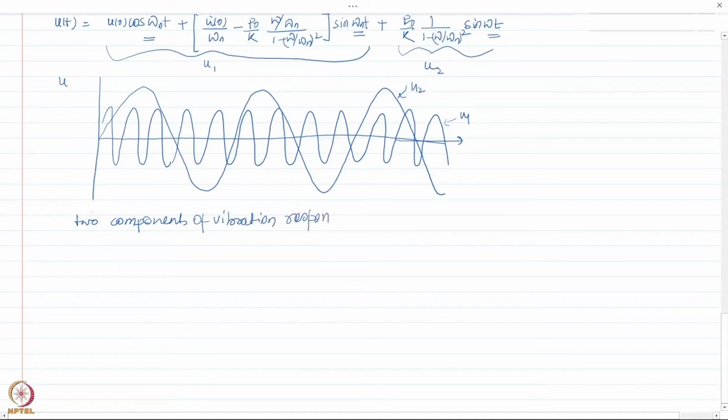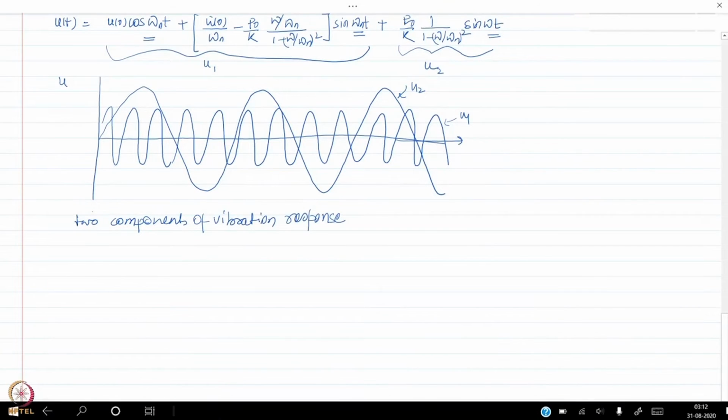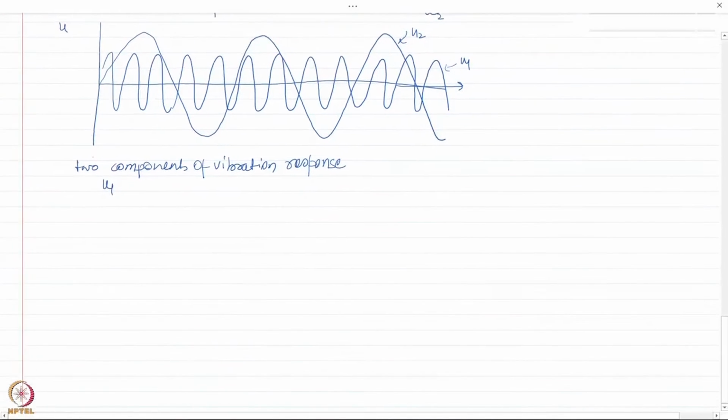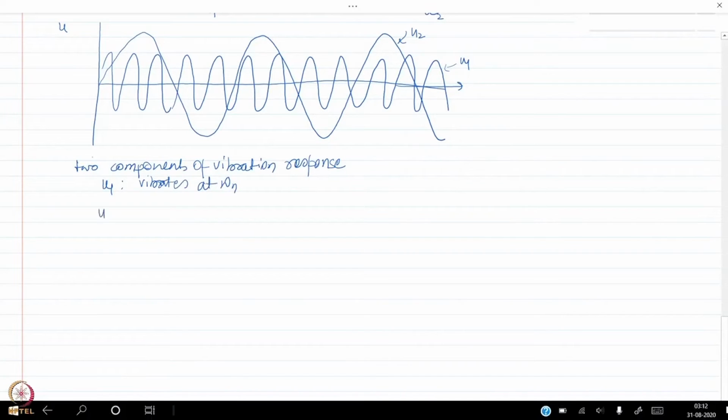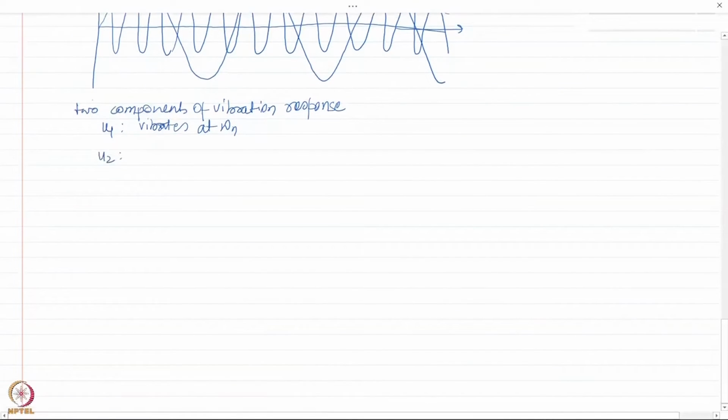Component 1 vibrates at omega n, the natural frequency of the system, and u2 vibrates with whatever the applied frequency is.